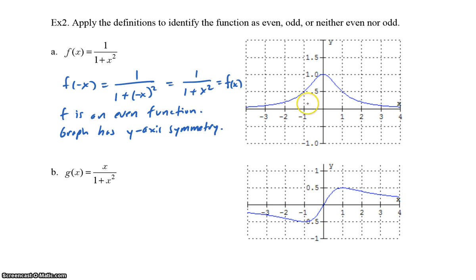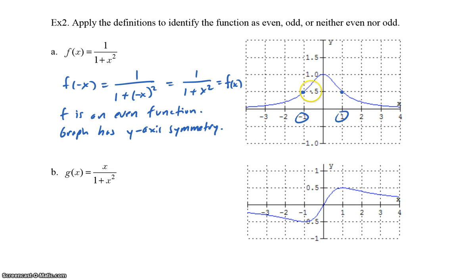If we consider the points associated, say, with x equals 1 and x equals negative 1, you'll notice that they have the same y value. In other words, f of 1 equals f of minus 1. This is true for any pair of opposite x's I might select. F of x will always equal f of minus x.